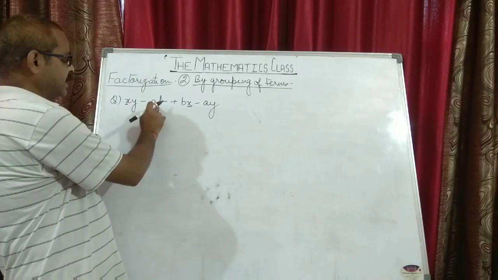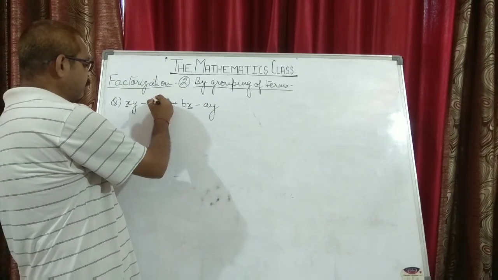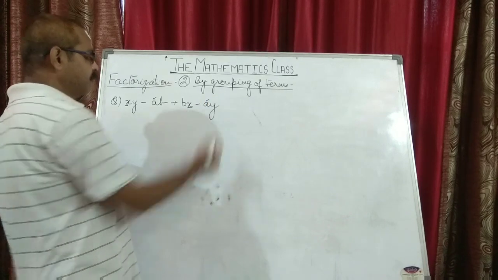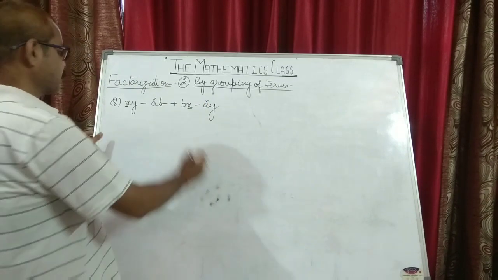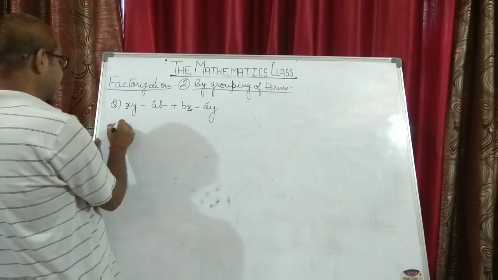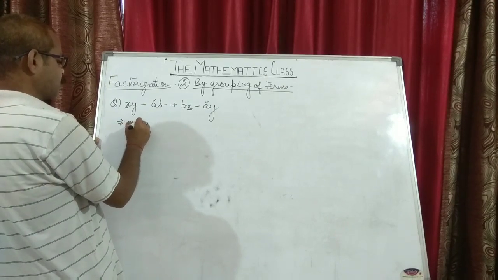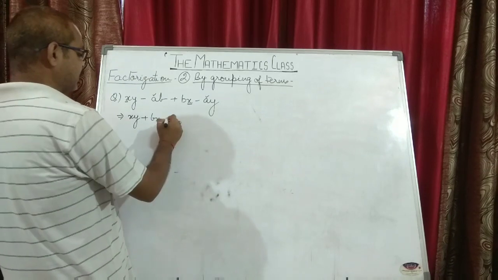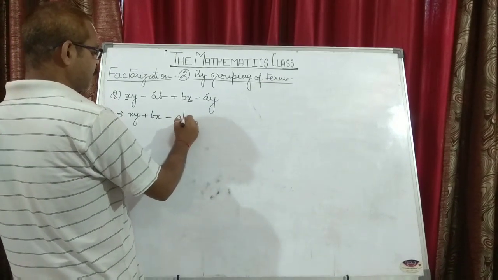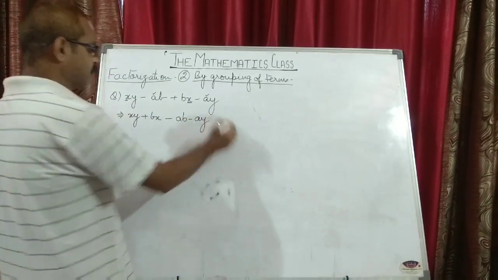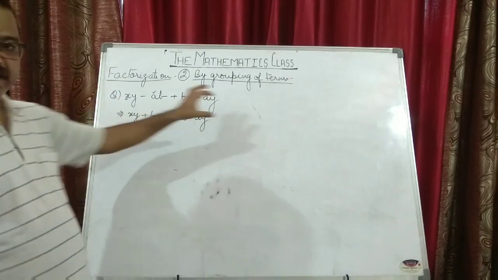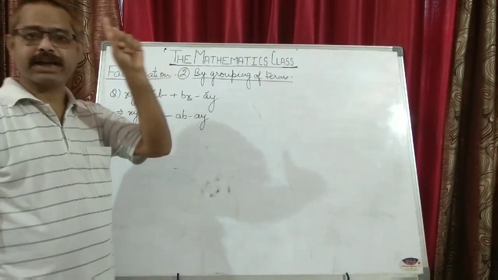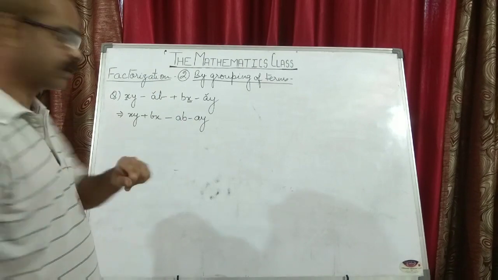At the same time, ab and ay have a common factor a. We will make groups. It can be written as xy + bx and then - ab - ay. What I have done is made the groups which have at least one common factor.